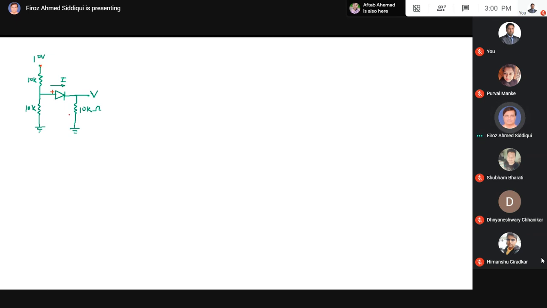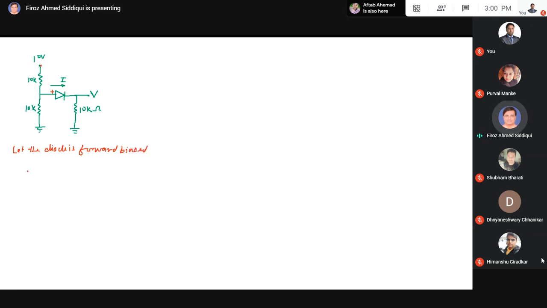That means we can consider that the diode is forward biased. So let me consider the diode is forward biased.